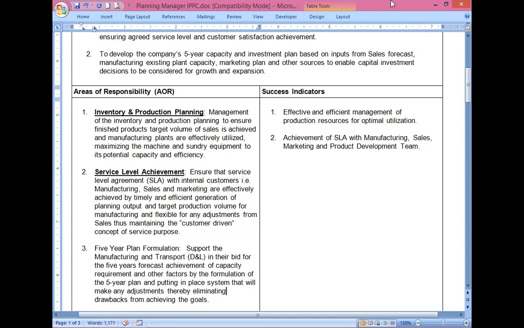Okay. Okay, let's go for the success indicators. Okay, the success indicators for the 5-year plan. Okay. I always like to use this word, no? Either efficient or effective or excellent, whatever.